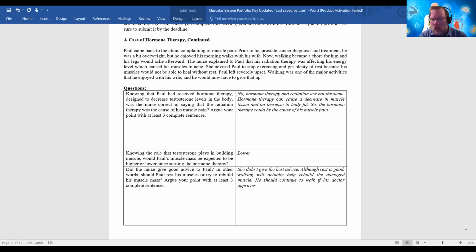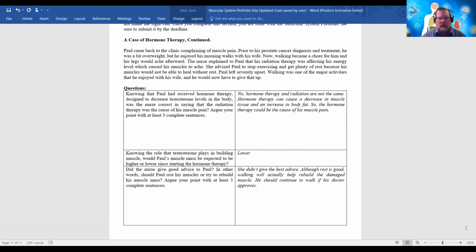Probably not. Hormone therapy and radiation are not the same. Of course, the hormone therapy that he's on specifically could cause a decrease in muscle mass and an increase in body fat. So by that way, the hormone therapy is probably more likely the cause for Paul's pains.